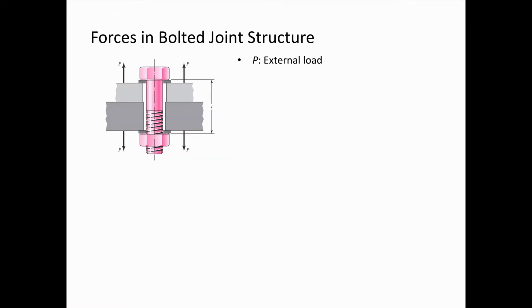Suppose P is an external load applied to the members of the joint. Here we are assuming it is applied such that the bolt will be in tension. P sub B is the load experienced by the bolt, and P sub M is the load experienced by the member.